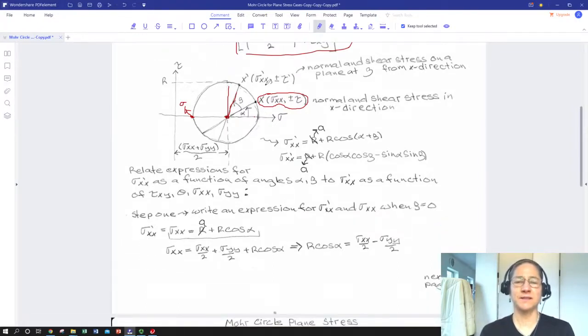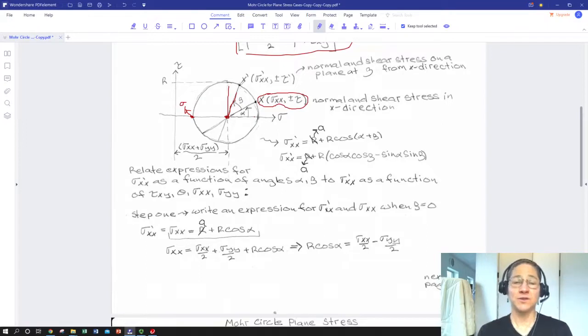Okay, but let's continue with our alpha and beta discussion here. So let's start by writing the normal stress in the x prime direction. So this is our sigma xx prime, for which we derived the stress transformation equation earlier.